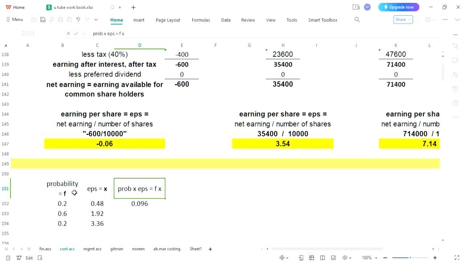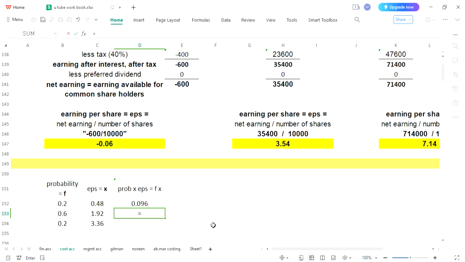The people with ICOM or a very basic knowledge of stats, they will be understanding it very easily. But one who has no previous knowledge of stats, just consider this probability as f and EPS as x. We are going to calculate our average EPS for first section, for which what you will do, you will multiply fx and divide it by sum of f. It's very easy to understand, but be concentrated and be attentive.